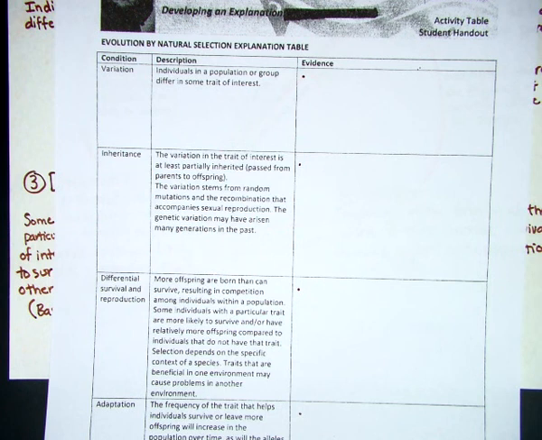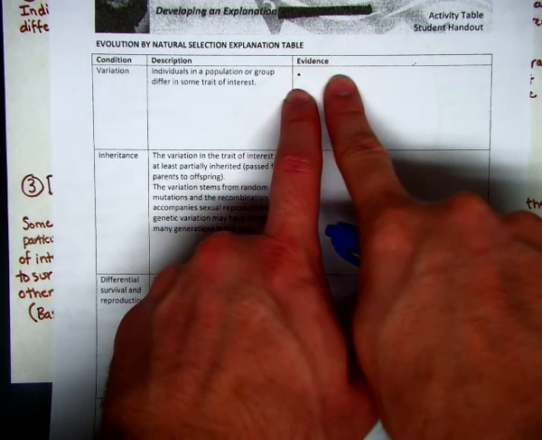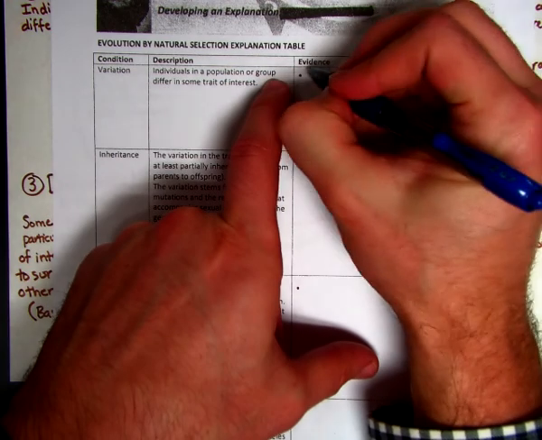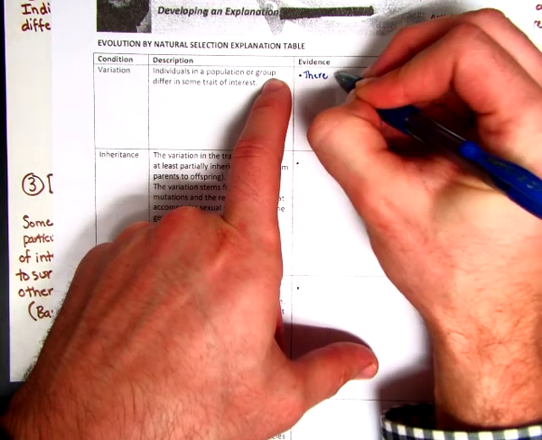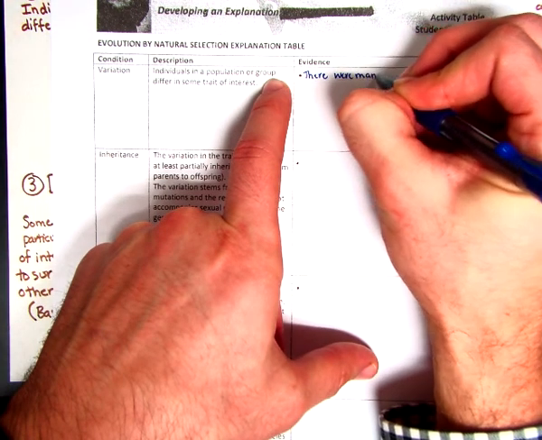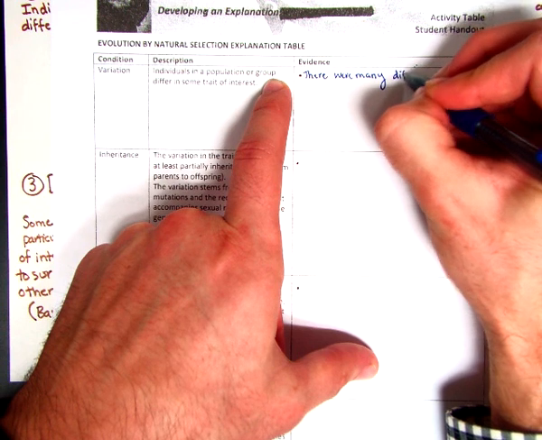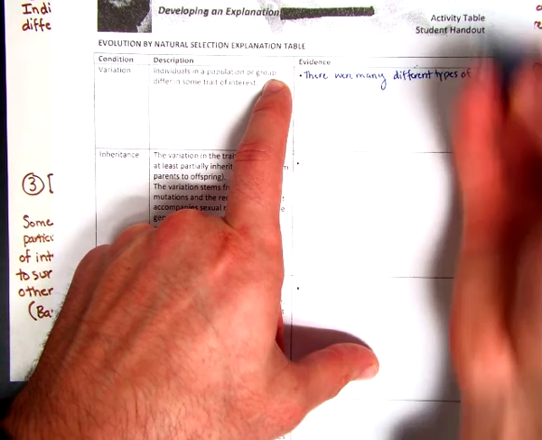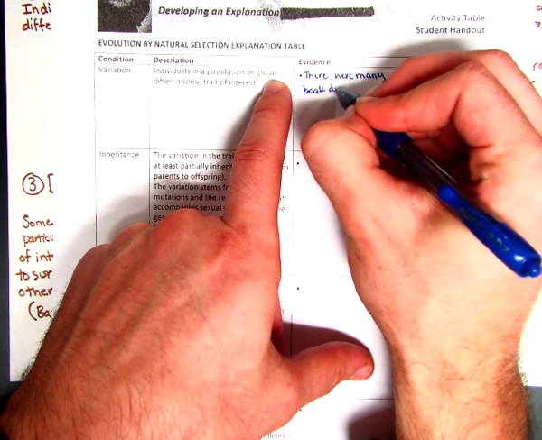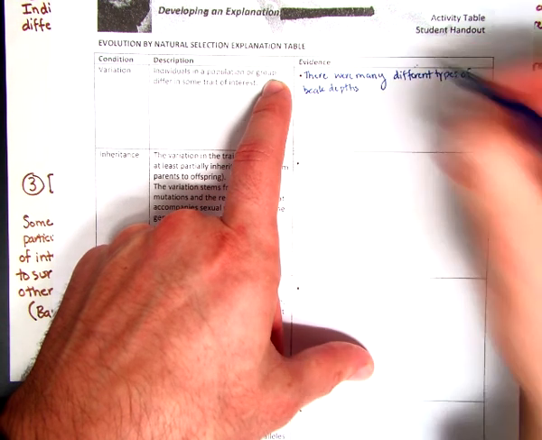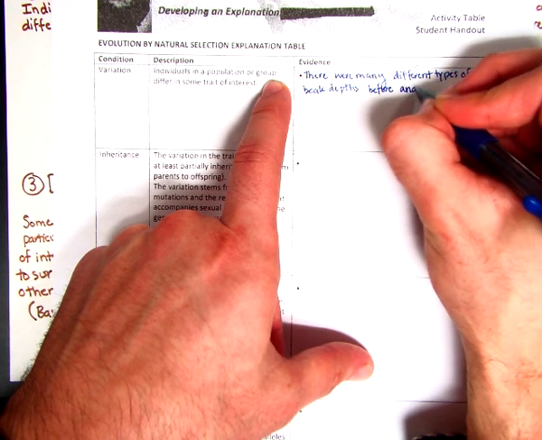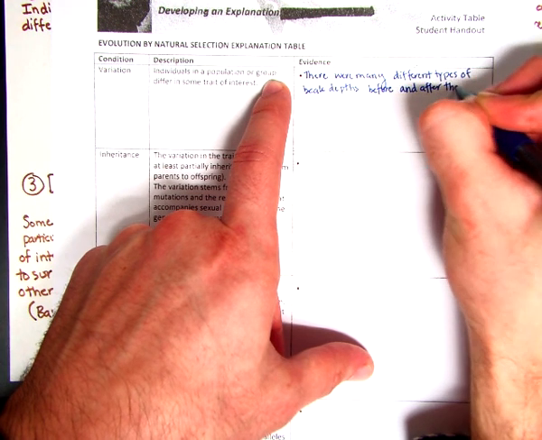Right? So the first one I'll do with you. One piece of evidence of variation in the Finch story was that there were many different types, you can copy this down, of beak depths before and after the drought occurred.